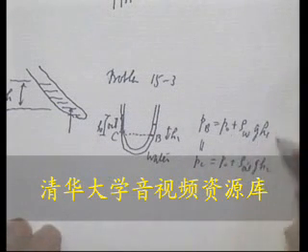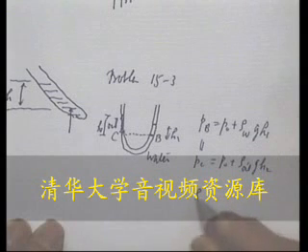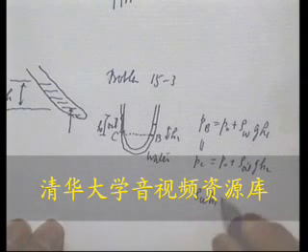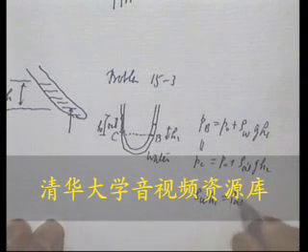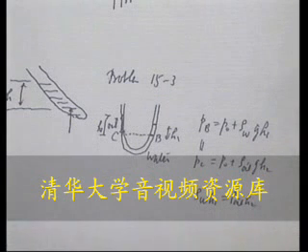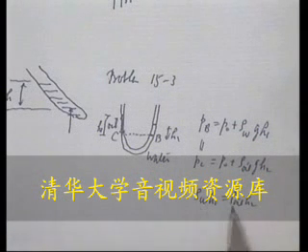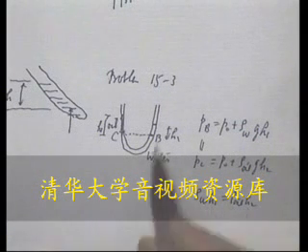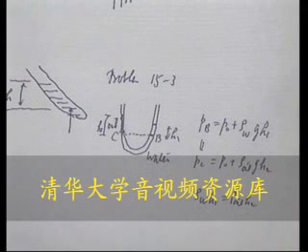So, since these two are the same, we get rho W H1 is equal to rho oil H2. Since rho W, the water density, is higher than the oil density, H1 is less than H2. And that's precisely what would happen.